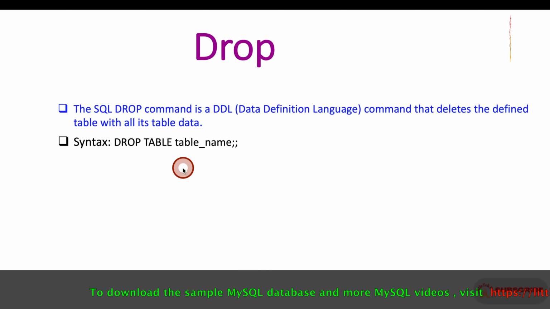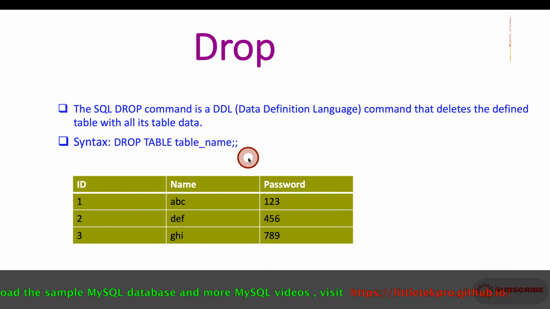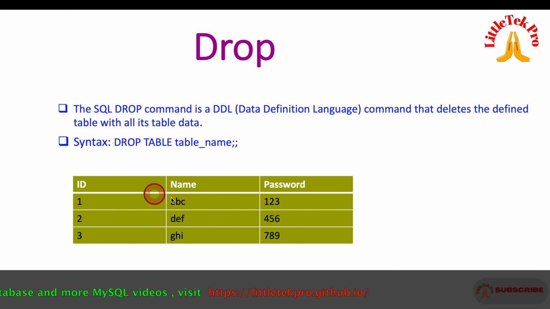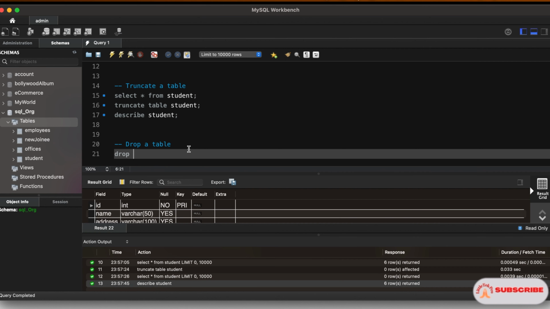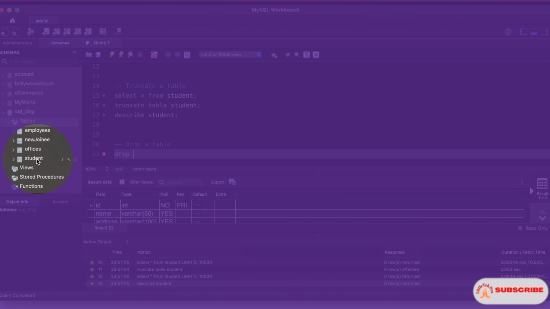Suppose you have a table here like this with all this data. If I do DROP TABLE and the table name, it will get deleted. You can see here the student table is there under SQL_org.